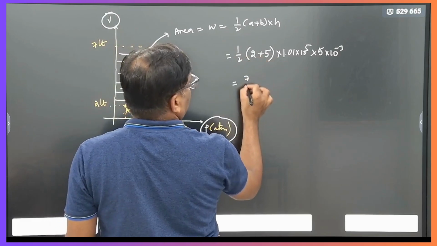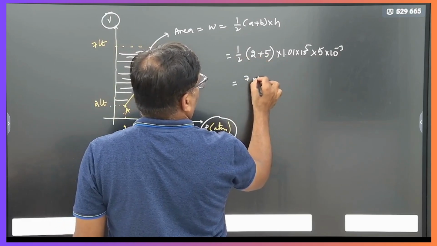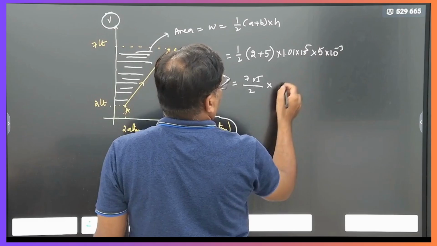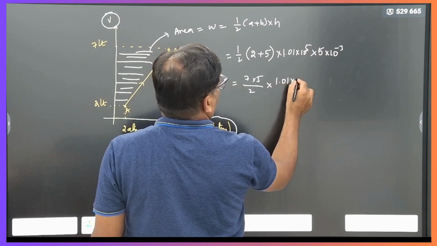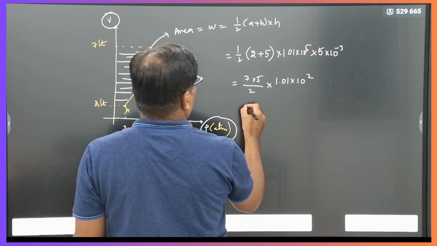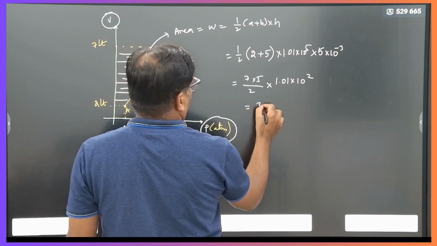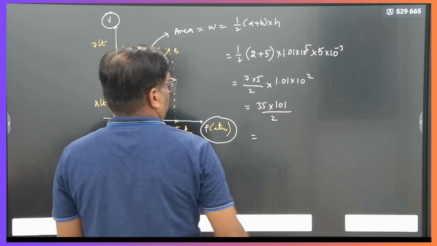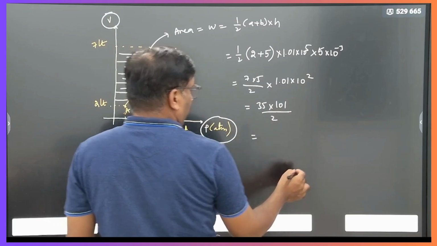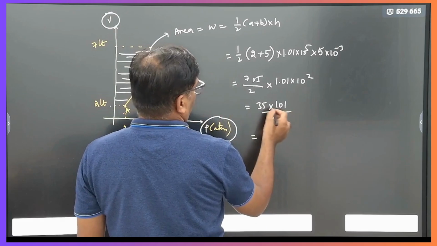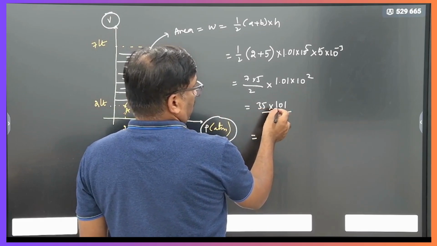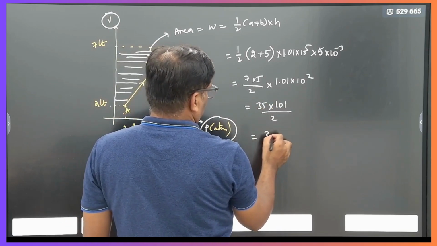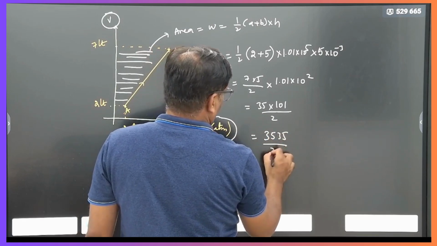So this is 7 into 5 divided by 2 into 1.01 into 10 to the power of 2. Clear? Therefore here 35 into 101 divided by 2. So how much will we get now? You can multiply it, no? Therefore 3500 plus 35, so 3535 divided by 2.